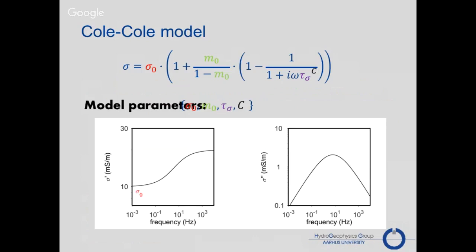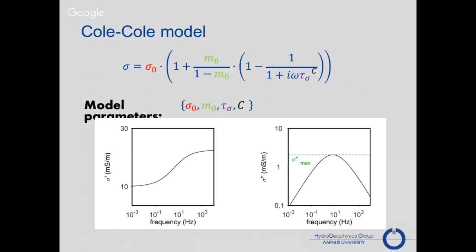This is the classical spectrum, sigma 0, sigma infinite, which depends on sigma 0 and M0. And then again, this was tau sigma, so the inverse of tau sigma is the frequency. And C controls the width: the smaller the C value, the bigger the width. Now I'm showing you not the maximum phase angle model, but the maximum imaginary conductivity model.